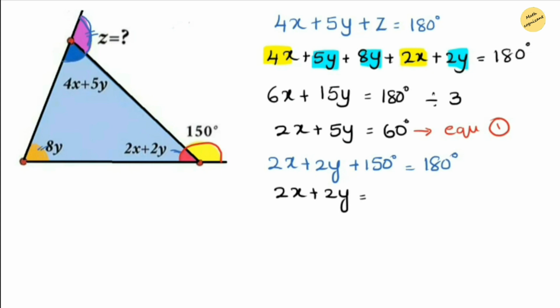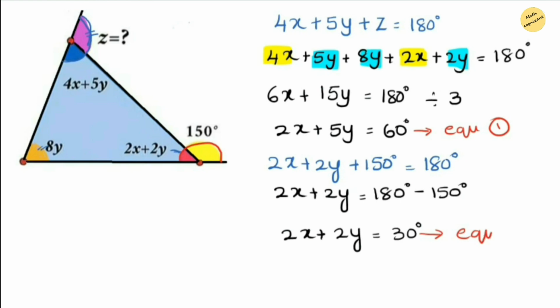Let's simplify this equation. 180 minus 150 gives you 2x plus 2y is equal to 30 degrees. Now let's mark this as equation number 2. These two are the linear equations.